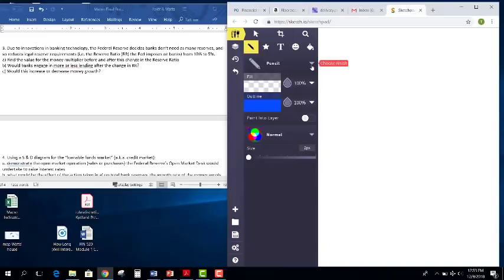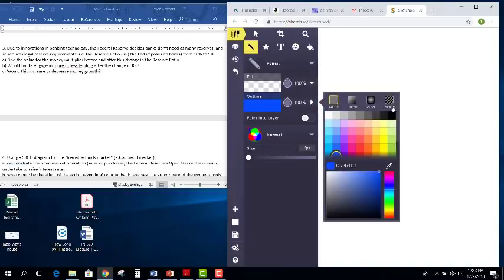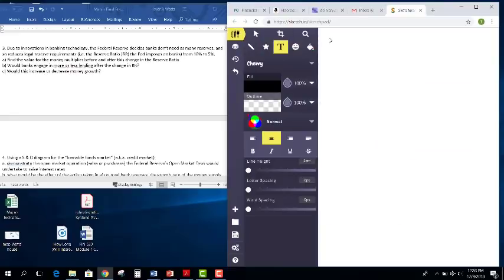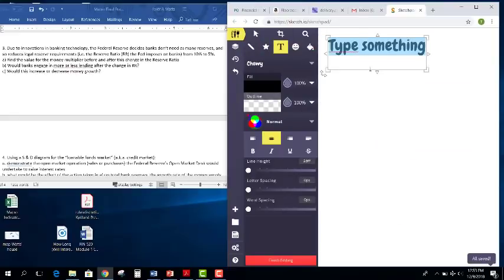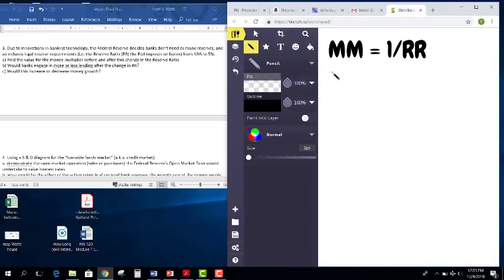Okay, so let's do a little bit of review with the money multiplier. Let's remember, let's actually just type in here, MM equals 1 over RR.